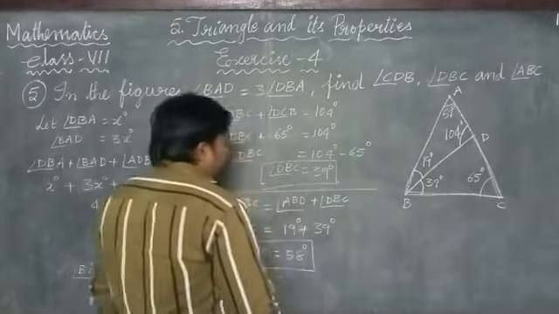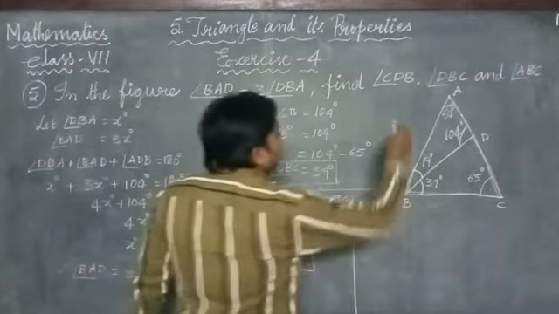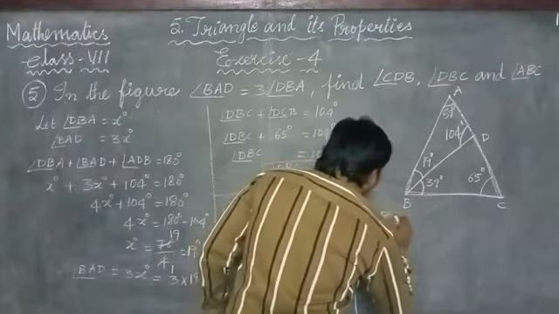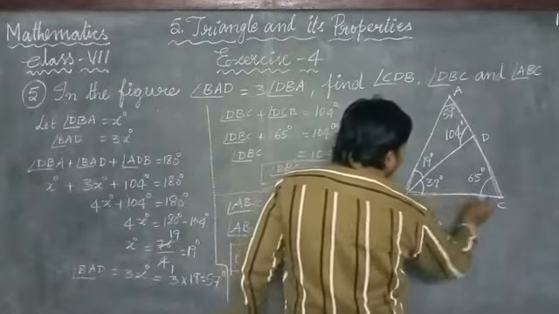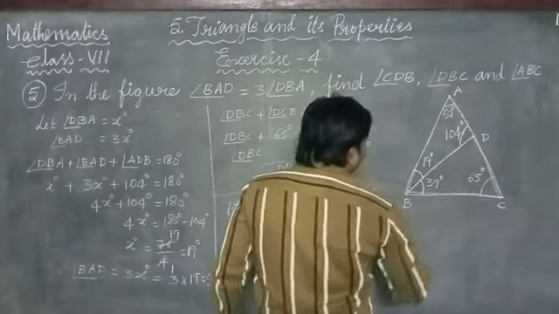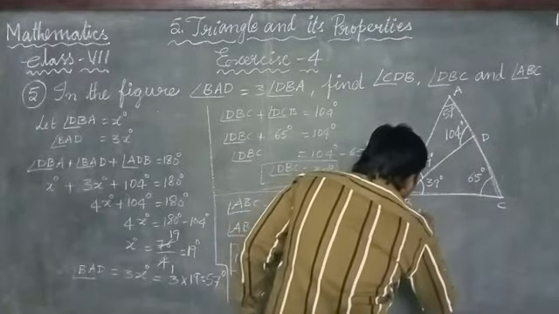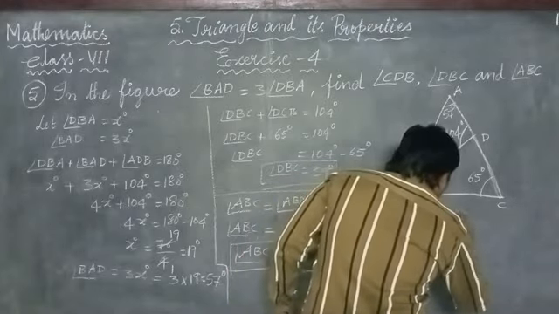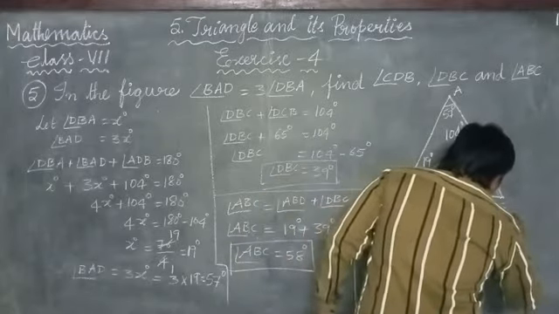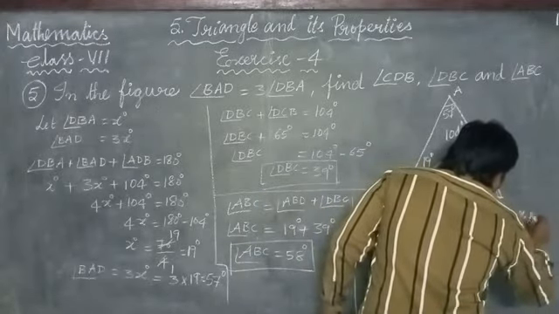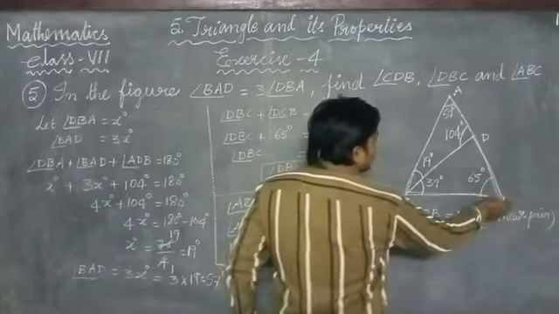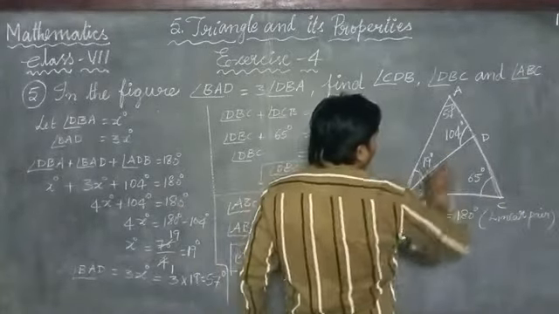From the linear pair of angles, we can write angle CDB plus angle ADB equals 180 degrees.